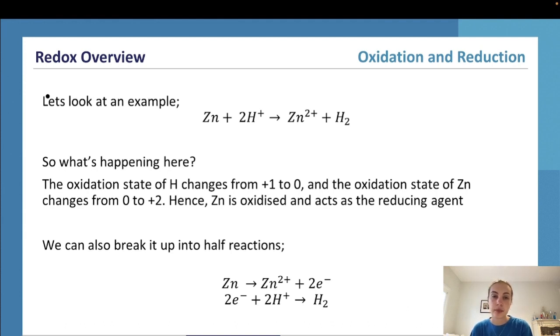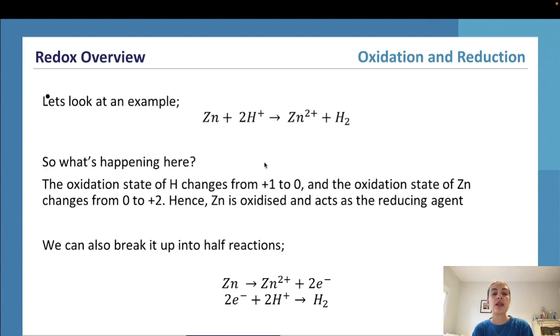So, for example, we're looking at zinc, and zinc is going from 0 to 2+, so it's becoming more positive. We know electrons are negatively charged, so if zinc is becoming more positive, it must be losing electrons. A reaction where the species loses electrons is our oxidation reaction.